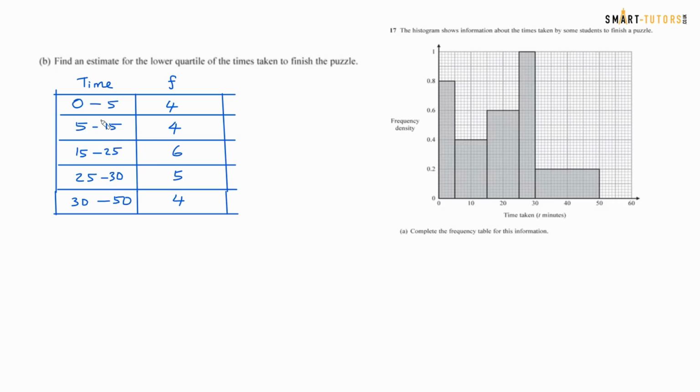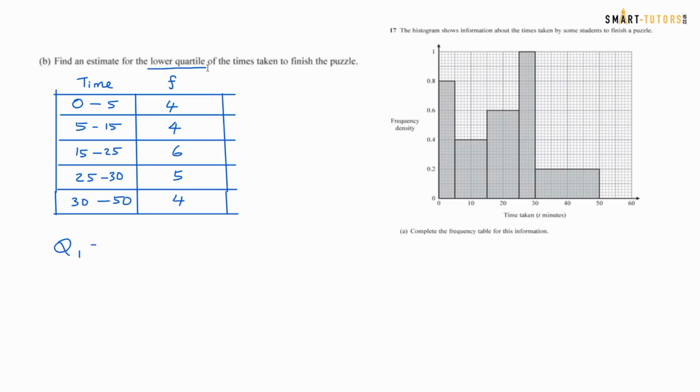Question number 17B. Find an estimate for the lower quartile of the times taken to finish the puzzle. So I just copy the first question histogram and the table for ease of our calculation here. The question is actually the lower quartile. We all know what the lower quartile is.